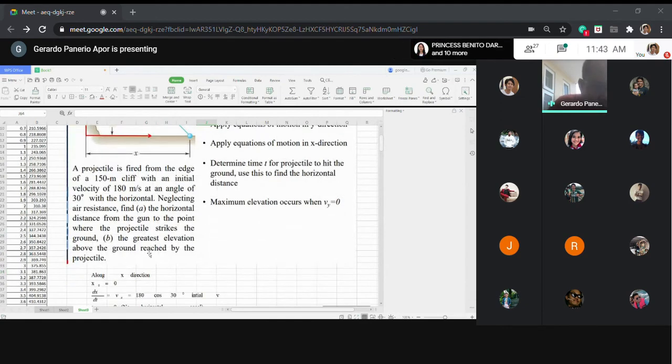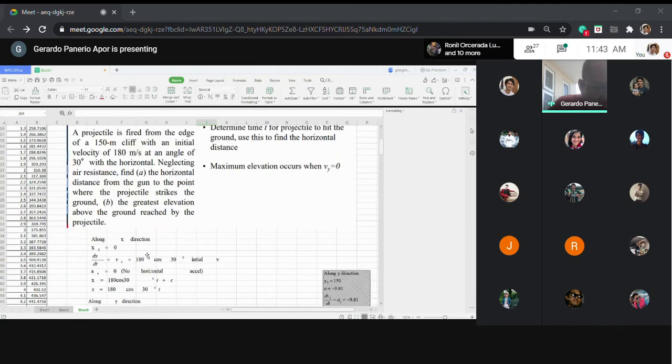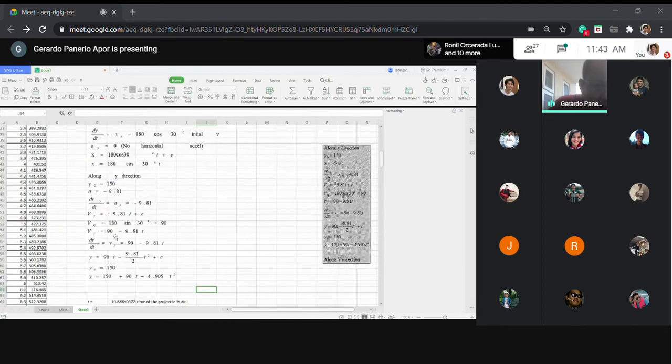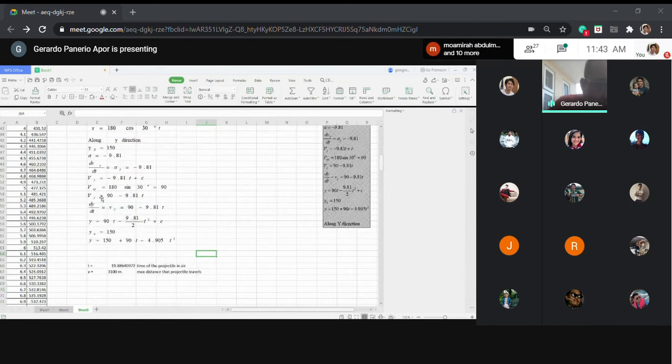The greatest elevation above the ground reached by the projectile. So we have an equation of Vy equals 90 minus 9.81t. And if Vy becomes 0, the projectile will not go up anymore because it's 0. What happened here is the projectile has an initial velocity of 90 meters per second. That is the vertical component of 180.